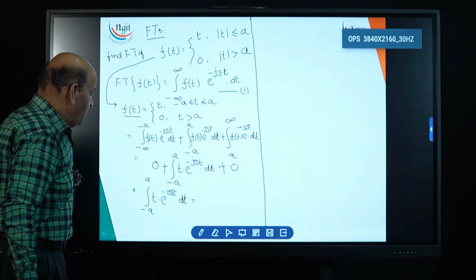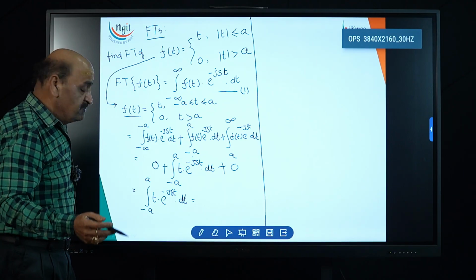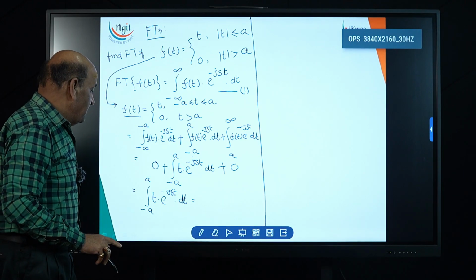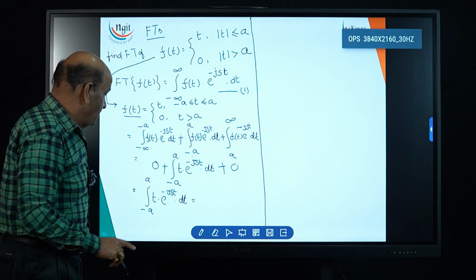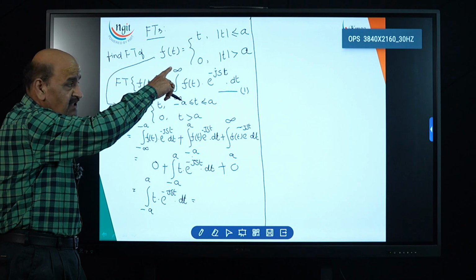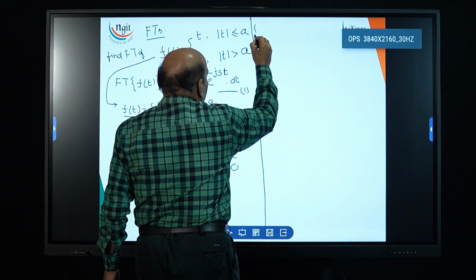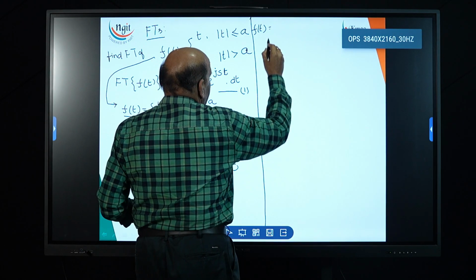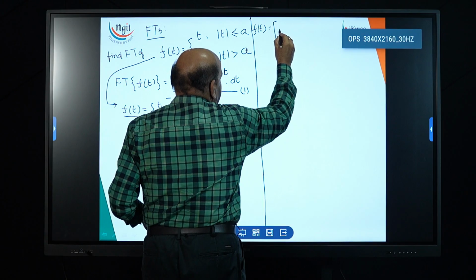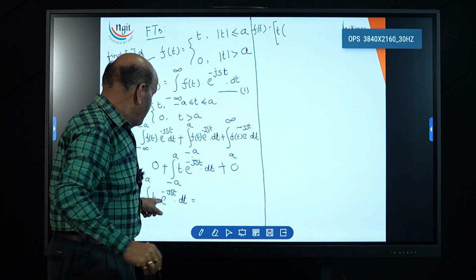Now this is the integral UV method. I already advised you. Understanding? UV method means what? Now I am simplifying the right hand side. First, take t as it is. Now find the integration of the other function.